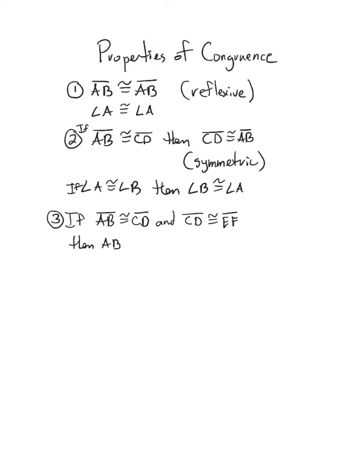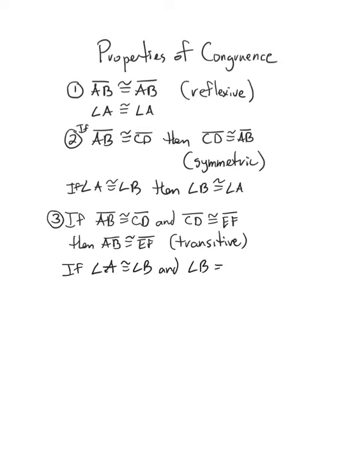So AB is congruent to EF. This is called transitivity, or the transitive property. And with angles as well. If angle A is congruent to angle B, and angle B is congruent to angle C, then angle A is congruent to angle C. So there are three properties of congruence.